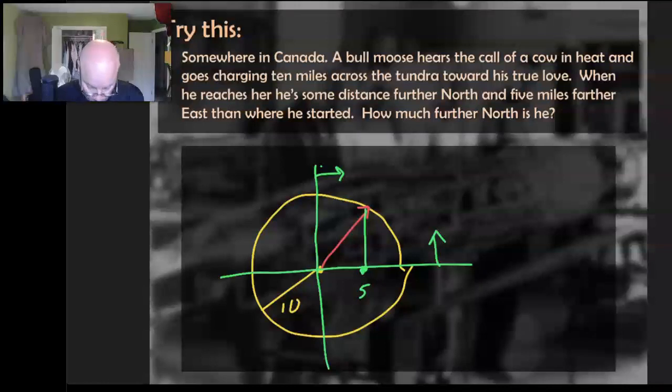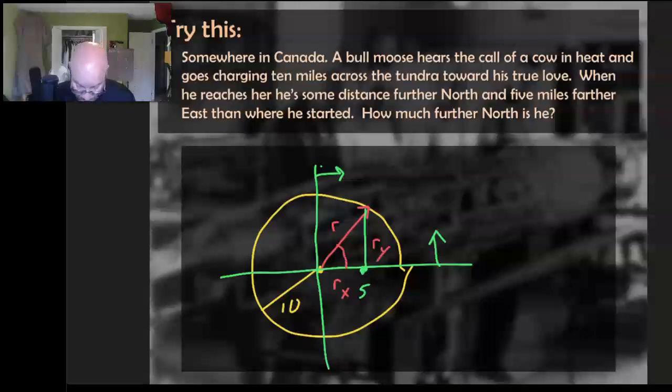So let's call this R, and we've got R_x and R_y, just like this. Now we don't know the angle right there.